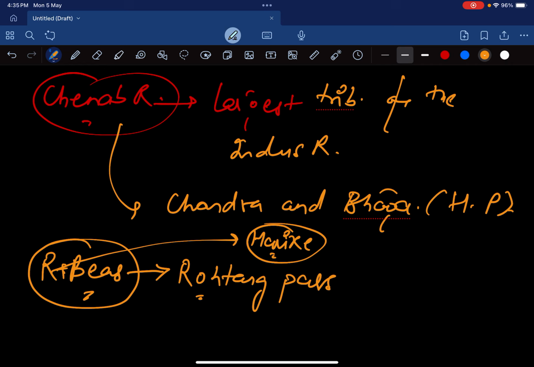Sorry, they don't meet at Harike. It's Byas and Satluj. Right, so Ravi and Byas enters India through the Rohtang Pass. Right? That means they don't have an origin in India. Right?